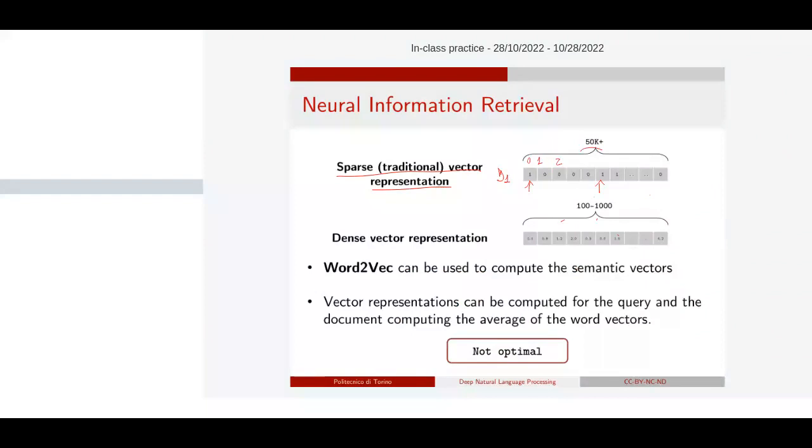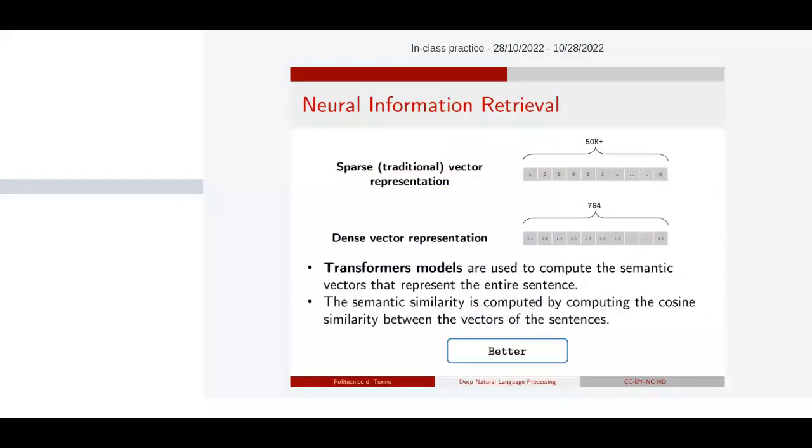So I can compute the average of all the words contained in the document to compute the final vector representation for the document. But it's actually not optimal because we have seen that word2vec is designed to embed vectors of words and not for entire documents or longer paragraphs and so on.